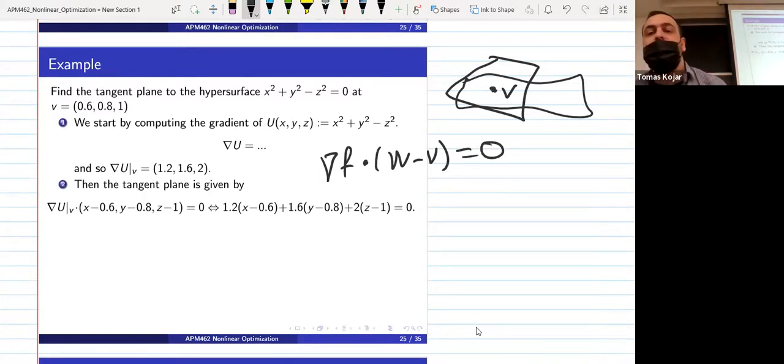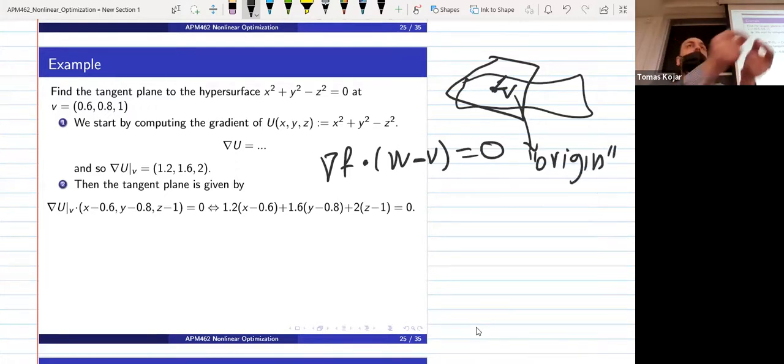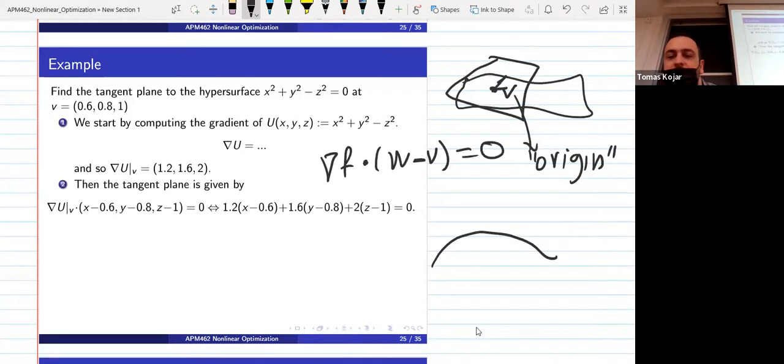The reason you put minus v is because you want it to be centered at v. Think of it as your origin. Starting from that v, you want to find the vectors that are inside the tangent plane. Not every vector is inside the tangent plane. Let me draw some pictures.